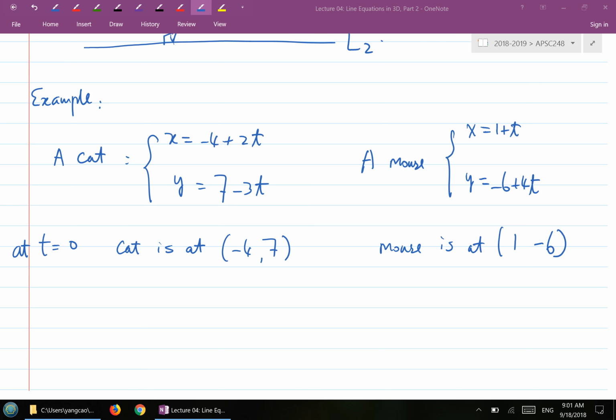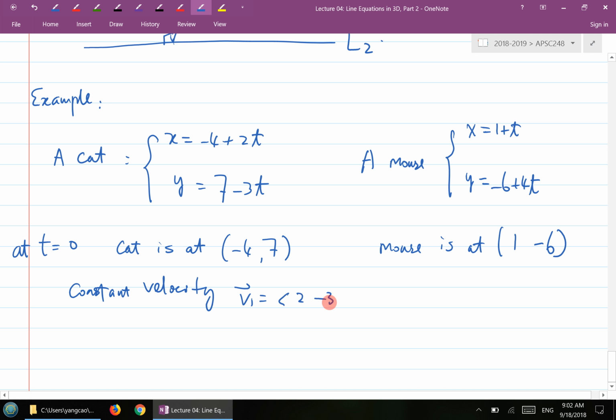So the cat is traveling at a constant velocity, which is the coefficient, and that's 2, -3. Let's call this v1. I'll put everything in 3D perspective, so I'll put a 0 out of here. And the mouse is also traveling at a constant velocity, and that's 1, 4, 0.